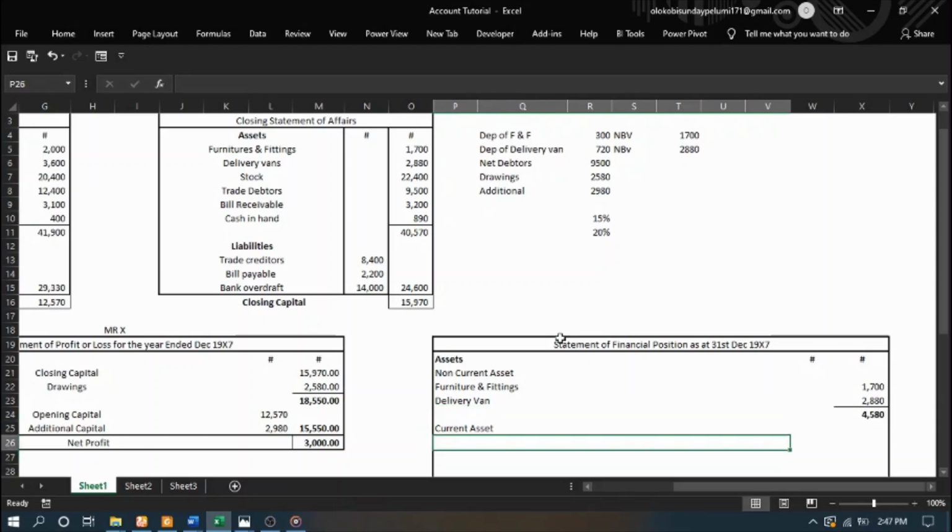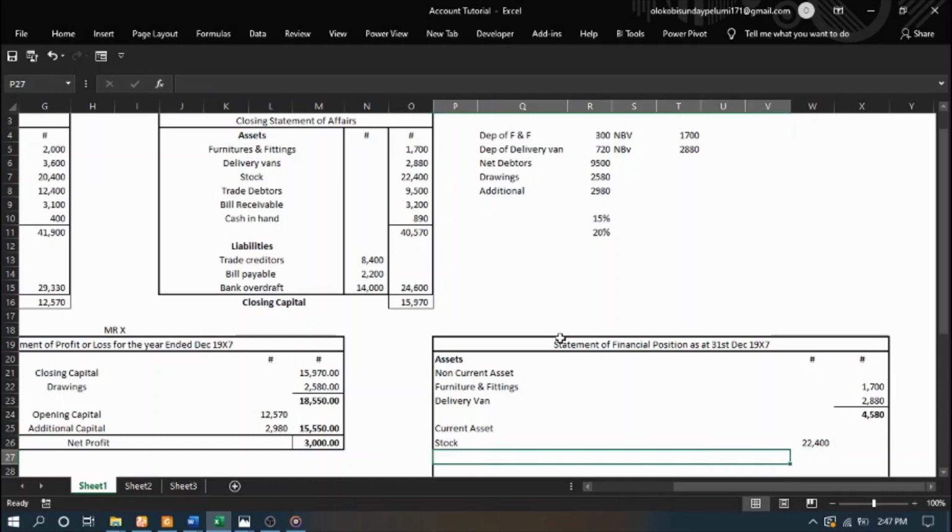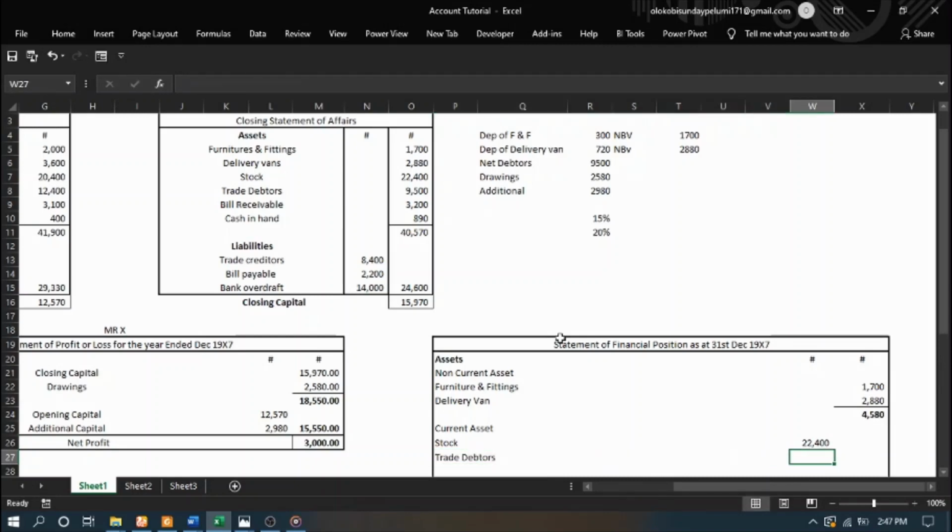Now current assets. We have stock. The stock value is simply the closing value of stock, 22,400. Alright, so we have trade debtor. The closing balance is absolutely 95.